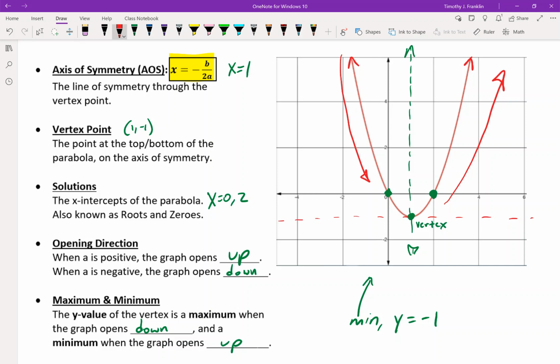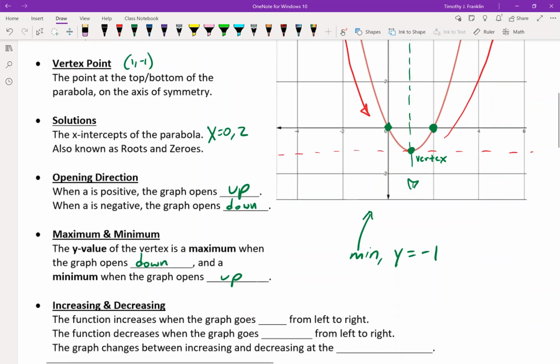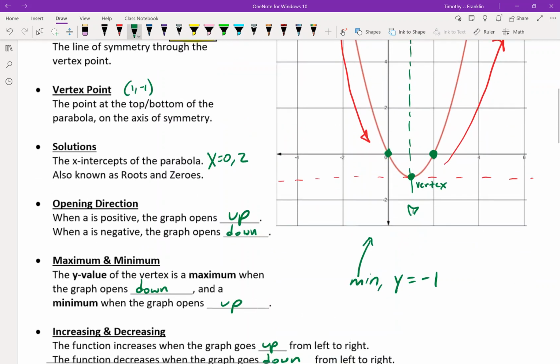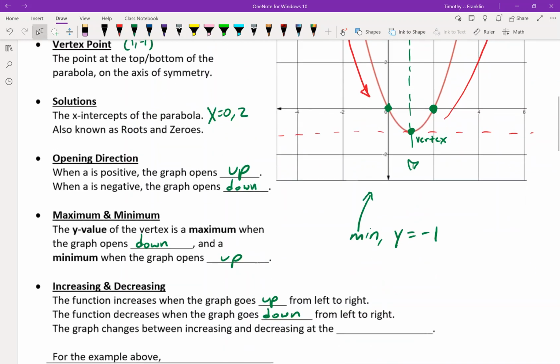But you want to look at it from left to right. And from left to right, this graph decreases until we hit the vertex, and then it increases. So the function increases when the graph goes up from left to right, and it decreases when the graph goes down from left to right. And that changes at the vertex.